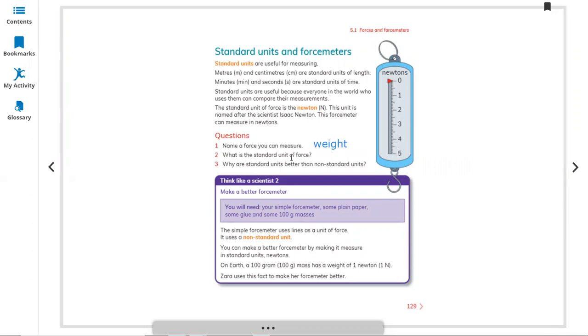What is the standard unit of force? Simple. It's written here. The standard unit of force is the Newton. So I'm just writing the simple answer.